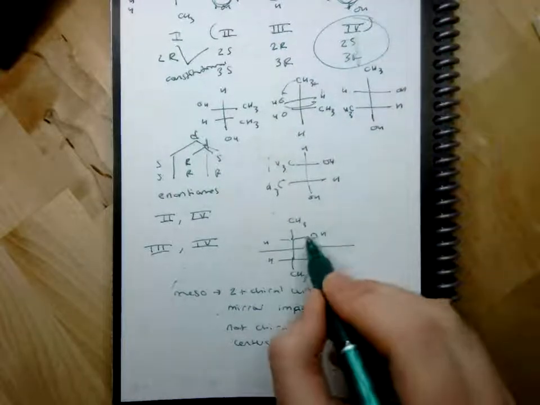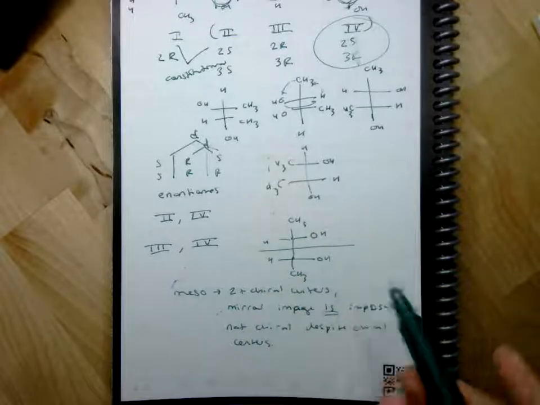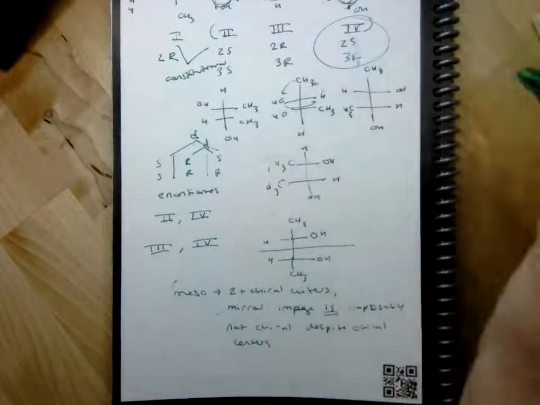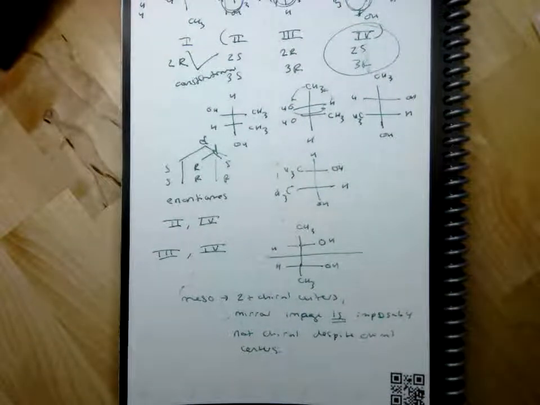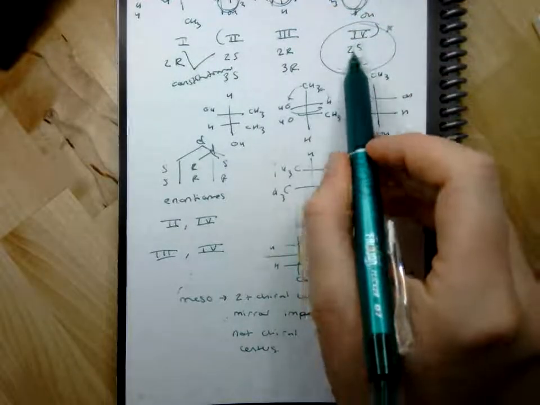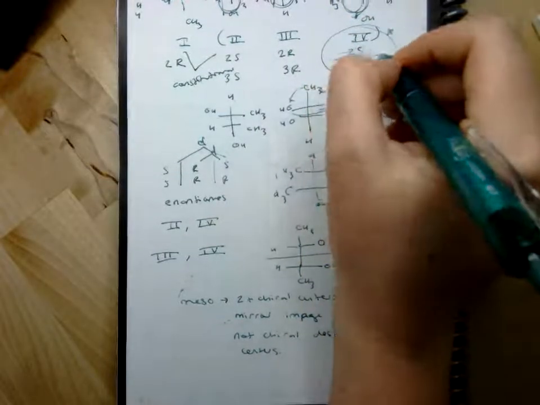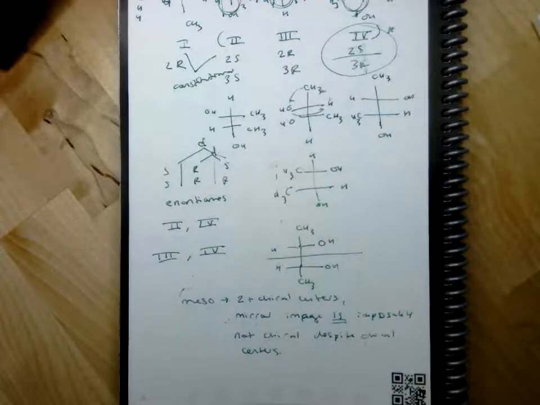So if I see 3 things that are the same attached like this, OH, CH3, and H, same on top and bottom, there's 2 chiral centers, that's a red flag for me, like oh, there could be a meso compound here. And usually the S and R configuration, the way it reflects across for these to be mirror images of each other, that one is the one you have to look out for it being achiral.